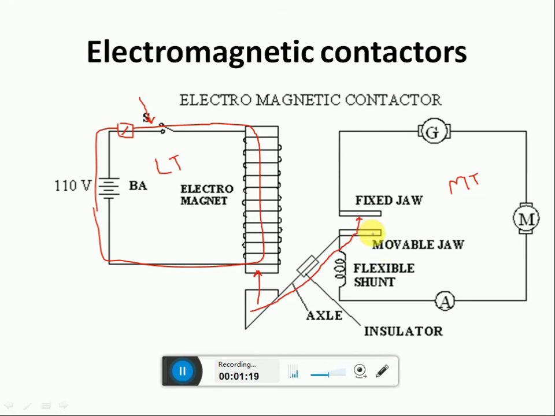Along with the actuating rod, the mobile jaw will go and join with the fixed jaw in the MT or HT circuits. Now the circuit will complete in medium tension or high tension circuits.